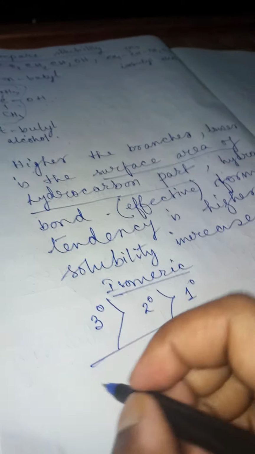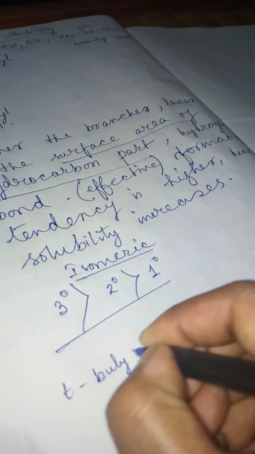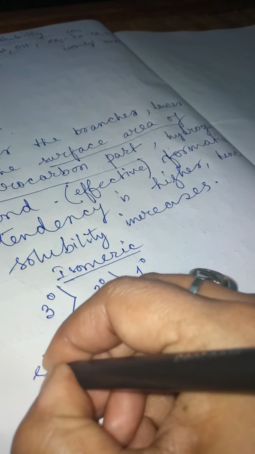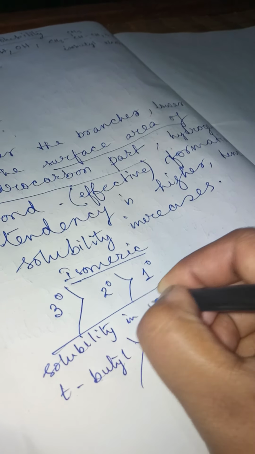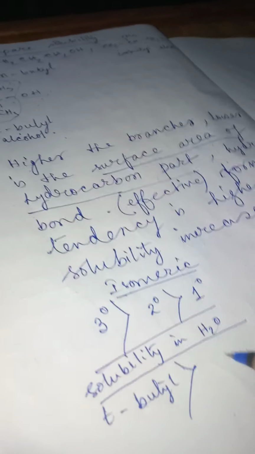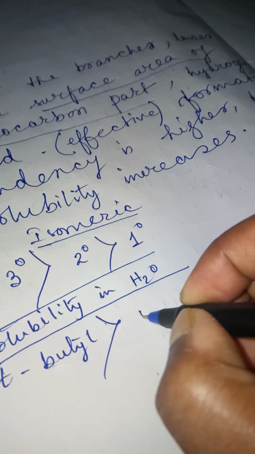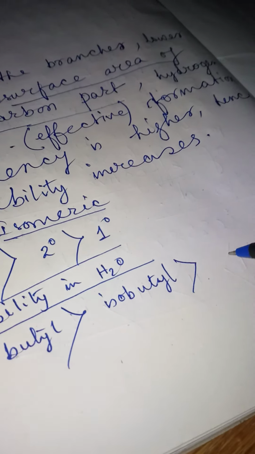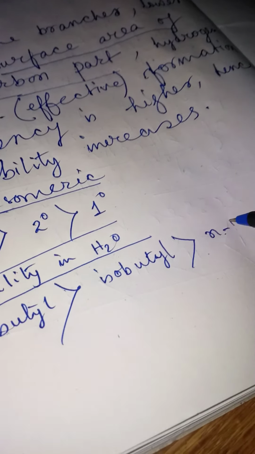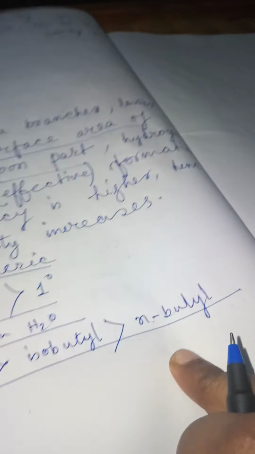So our answer will be: tertiary butyl alcohol will show the higher solubility in water, then isobutyl alcohol, and last one will be n-butyl. This is the solubility order of the isomeric alcohols.